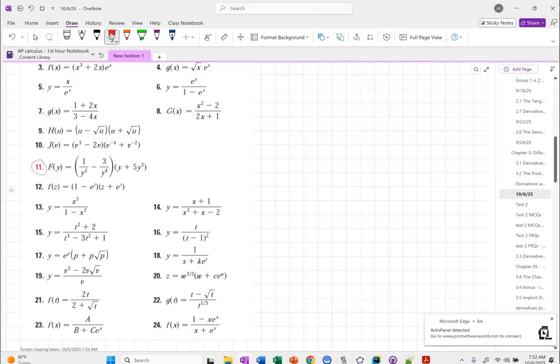Lucas, what did you try doing? I tried doing the product rule just straight out. Okay. So probably what we'd want to do is to think about those fractions as negative exponents.